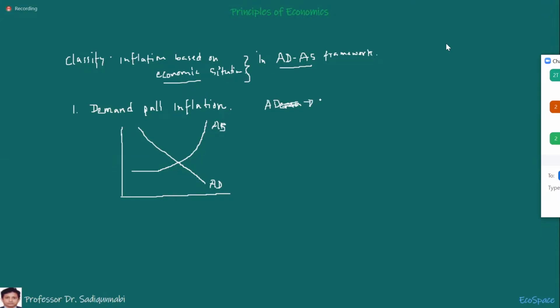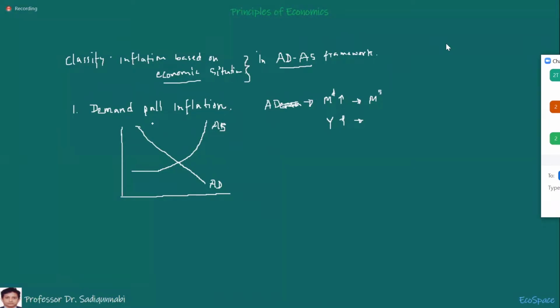The determinants are, I mean, if money supply increases or money demand increases, then aggregate demand shifts forward. Or if income increases, then money demand shifts forward. So here you see that suppose money demand increases or money supply increases, what happens?